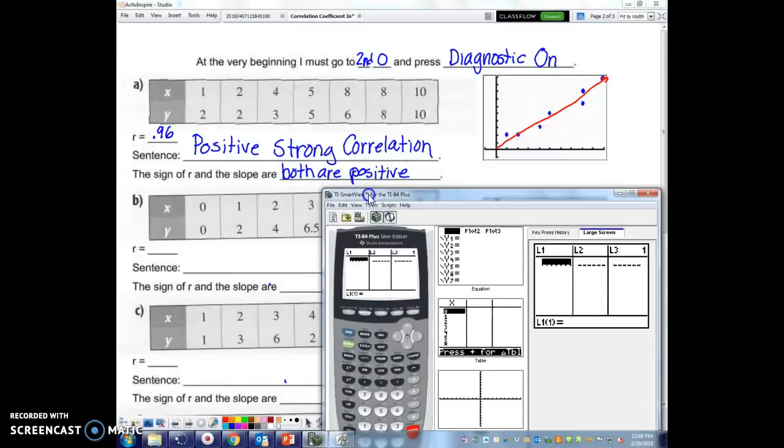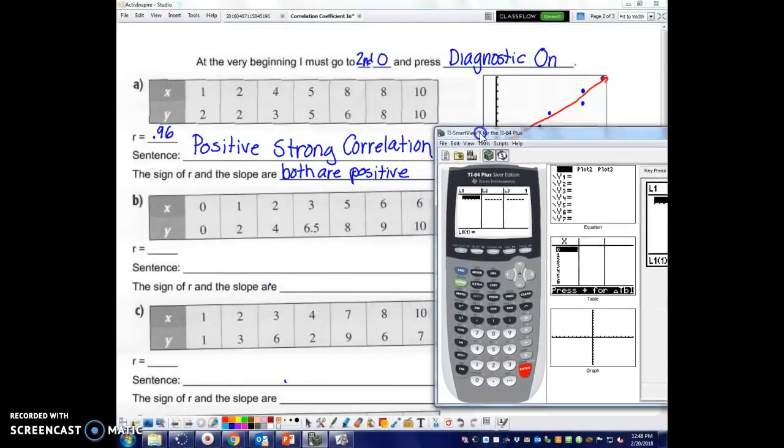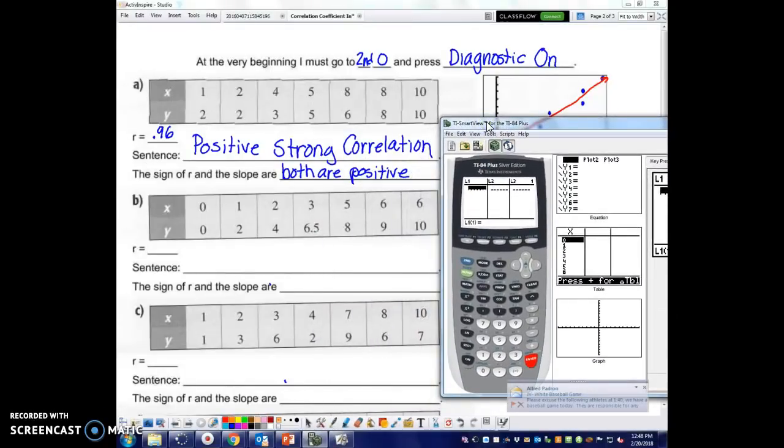Now we need to type in our table, right? Type in our table. So we have 0, 1, 2, 3, 5, 6, and 6. Then in L2, we type in our y's, 0, 2, 4, 6.5, 8, 9, 10.